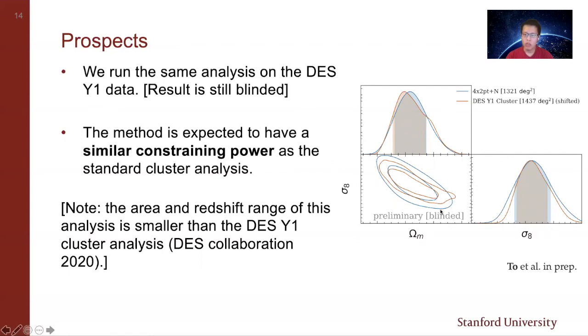The blue contour is our result, and the orange contour is the traditional cluster analysis. You can see the constraining power is comparable, and I want to note that the area and redshift range of our analysis is slightly smaller than the DES Y1 cluster analysis. This is because we want to have a joint footprint between our analysis and the 3x2 point analysis, so we can combine these 2 analyses. So the slightly larger contour is because of this difference in the area.